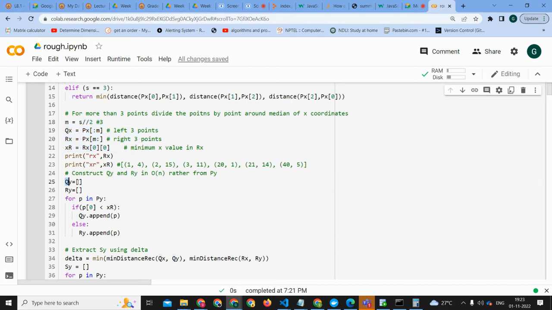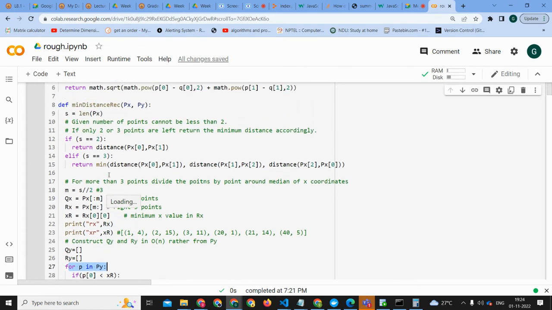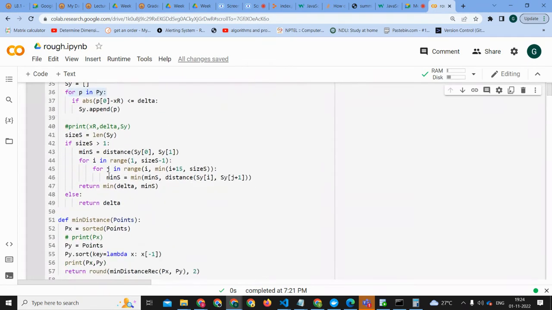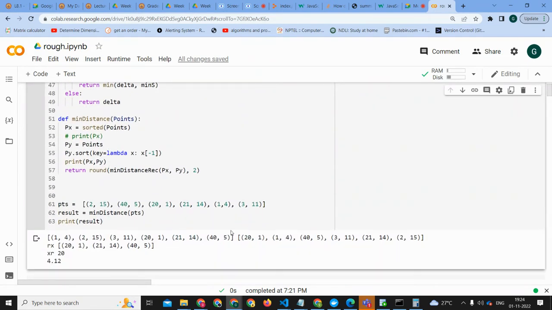So we have two lists, which are QY and RY. Just like how we have QX, RX, we have QY, RY. What is this? For P in PY. So what is PY? PY is the points in the right hand side, I mean, sorted based on the y distance. Right, Uma? This is what the PY is.